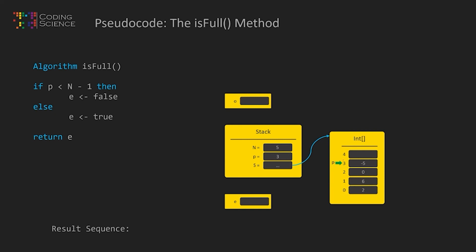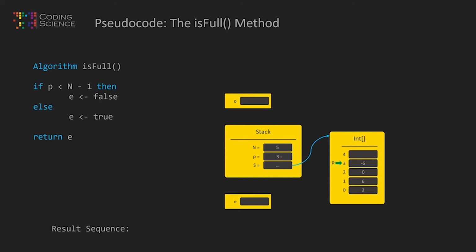It becomes 0, 1, 2, 3, 4. In every situation, if your number n is 1,000, then your last index will be 999. So you always end up having to check if p is inferior to n-1, which is in this case 4.